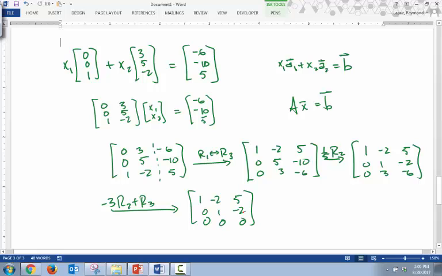And I happen to have gotten rid of all of the third row. And I can make this into a 0 as well if I want to. So I'll take the second row, multiply it by 2, and then add it to the first row.